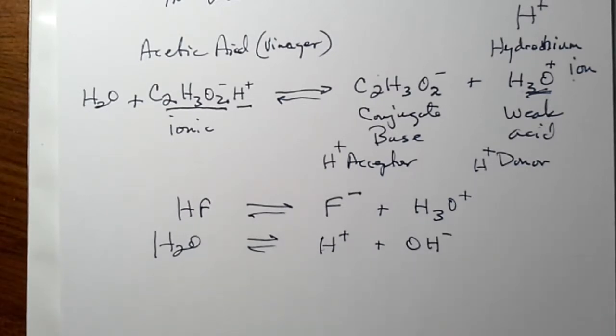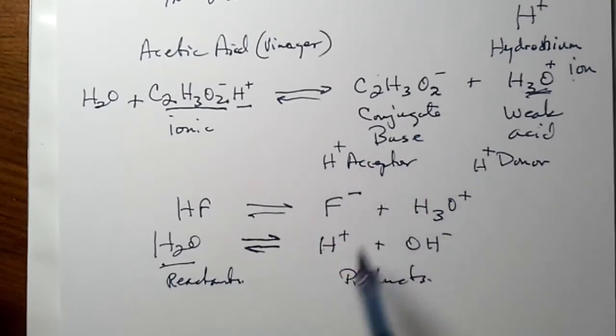One of the characteristics of a weak electrolyte is that they can return back to their original reactant. These are the reactants, and these are the products.